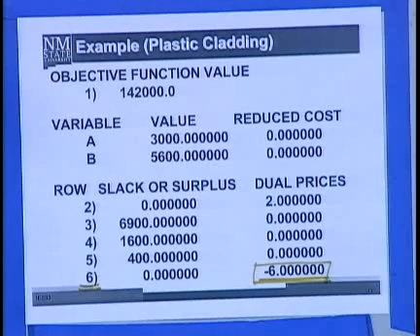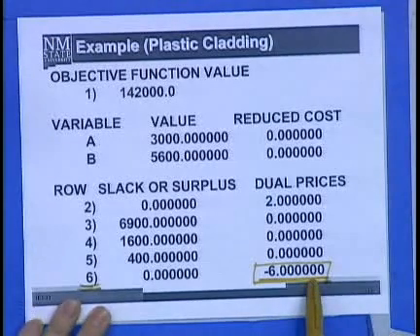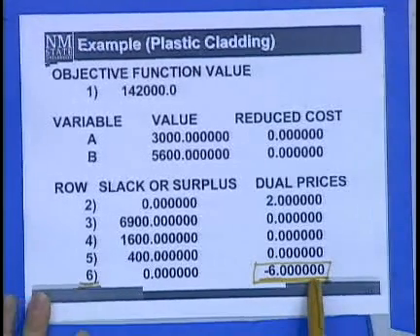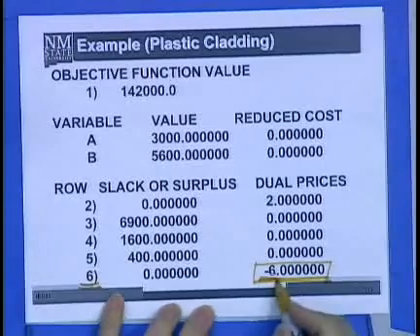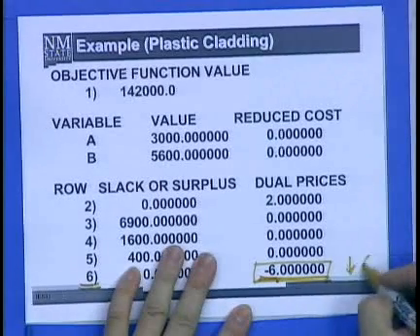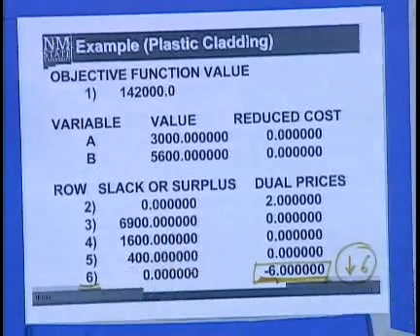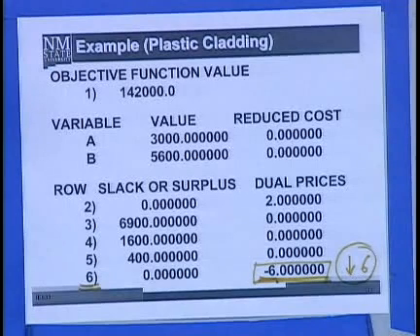So this means for an additional right-hand side value, the objective function value will be increased by -6, which means decreased by 6. Okay? So the company would be willing to pay up to $6 for a shortage amount of delivery. Is that correct?